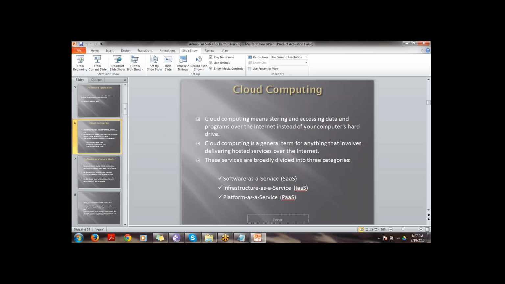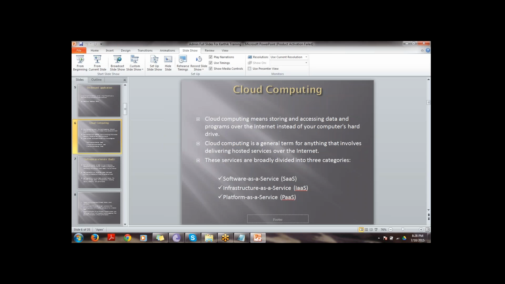See, here we are discussing cloud computing. Remember, guys, cloud computing is nothing but storing and accessing data or programs over the internet. Then we call it cloud computing.